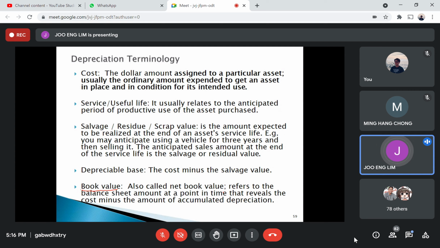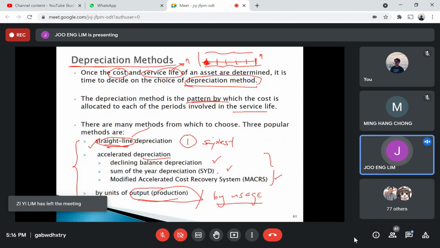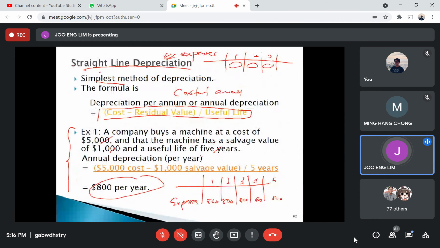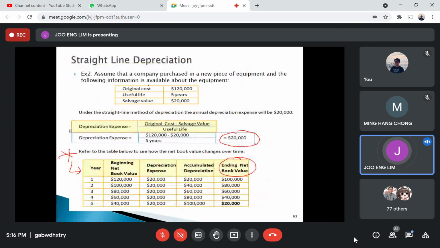At the end of the life, the value of your asset must be equal to your salvage value, so this is the terminating value. However, along the usage of the life, you sometimes need to know what the book value is. So this example shows how to compute the book value.